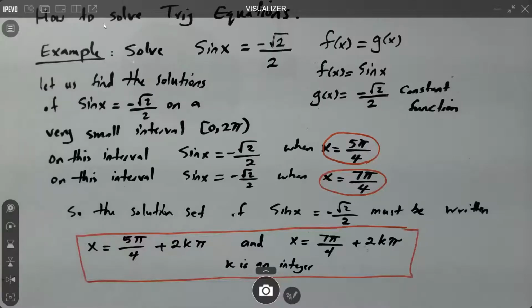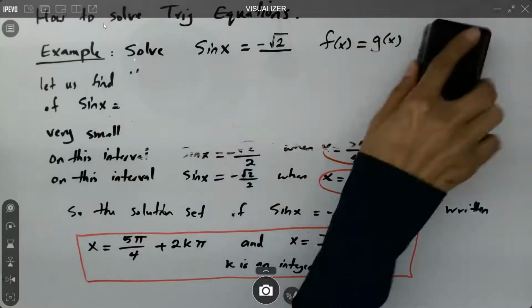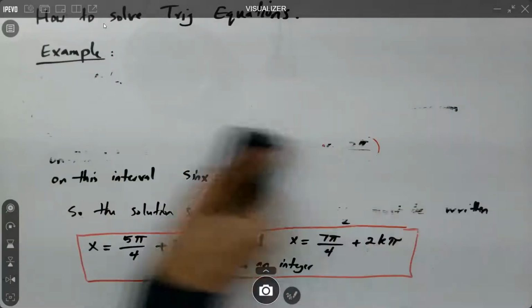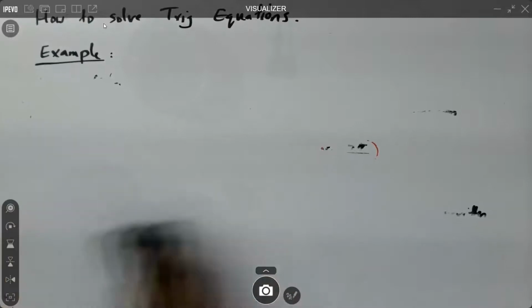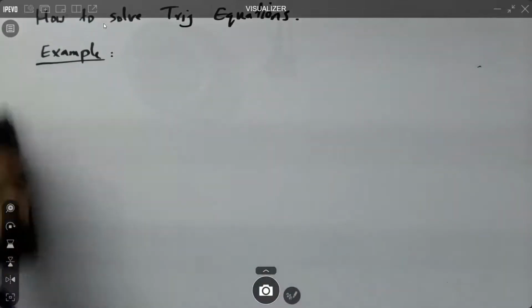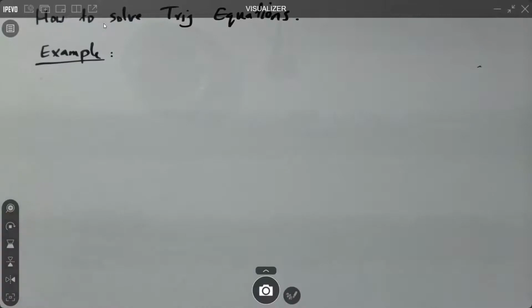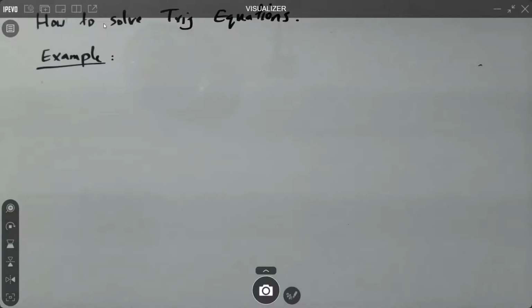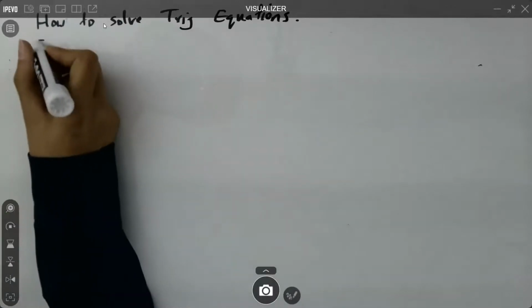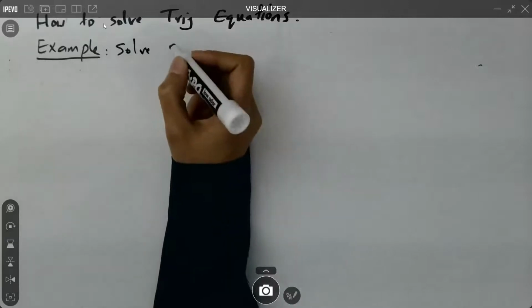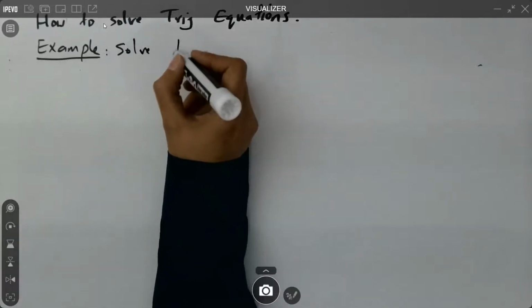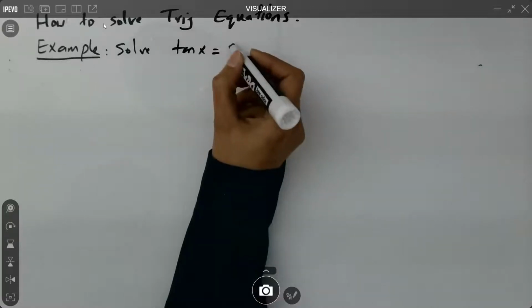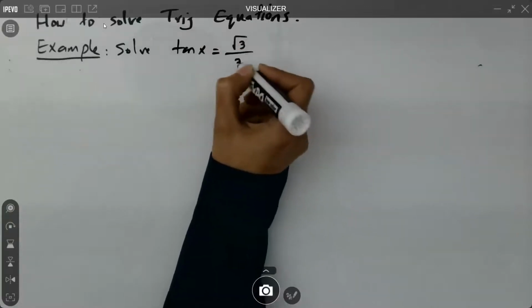Very well. Now let's work on some tangent equations. So the question says, solve the following. Here I'm going to give you tangent of x equals square root of 3 divided by 3.